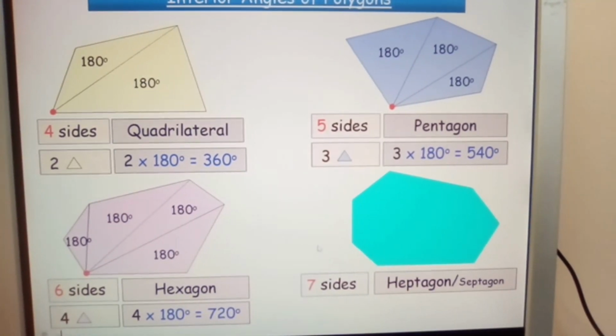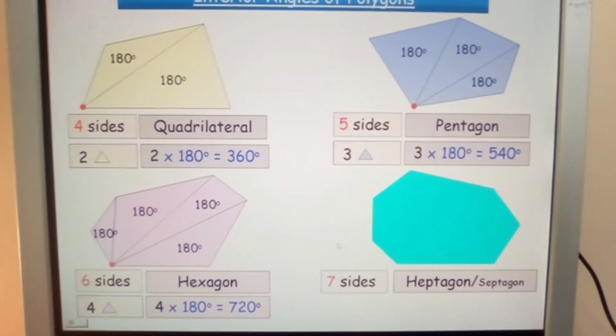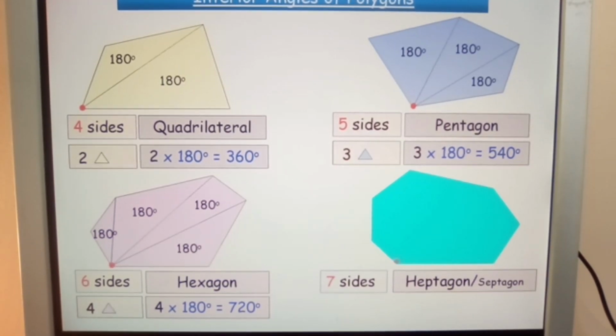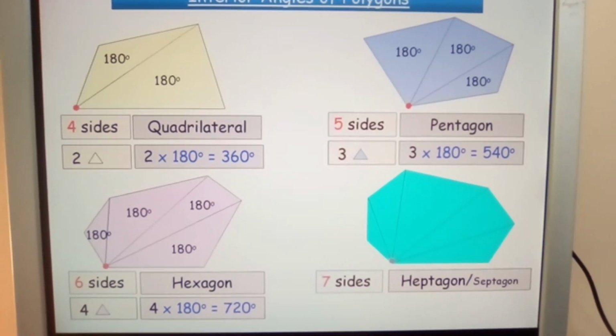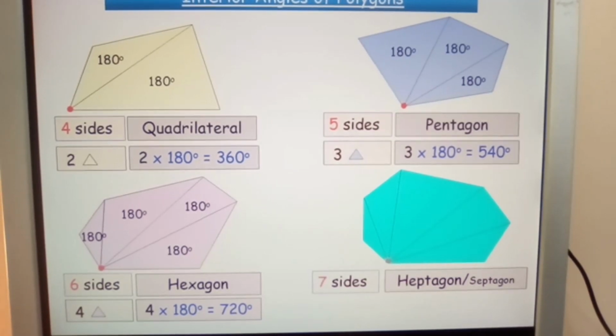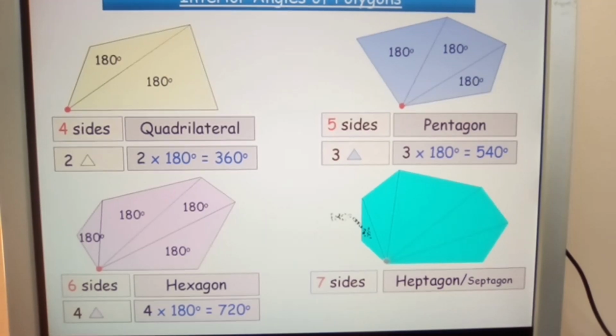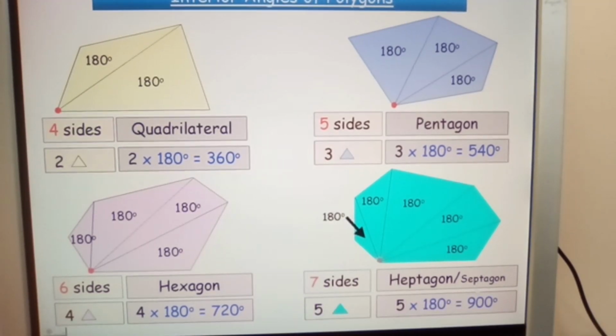How many triangles are we going to get out of this 7-sided figure, or 7-sided shape if you prefer? 1, 2, 3, 4. 1, 2, 3, 4, 5. 5 triangles we've gotten out of the heptagon or septagon 7-sided figure, and the total degrees will be 180 plus 180 plus 180 plus 180 plus 180 equals 900 degrees.